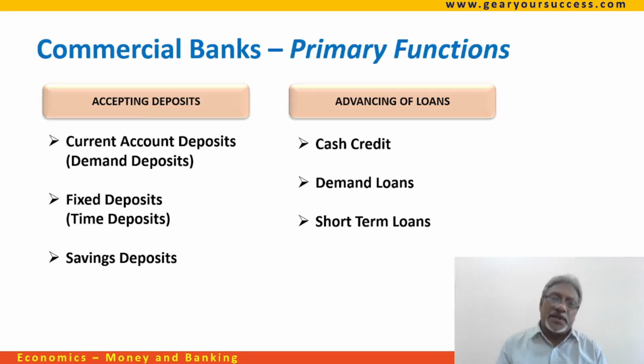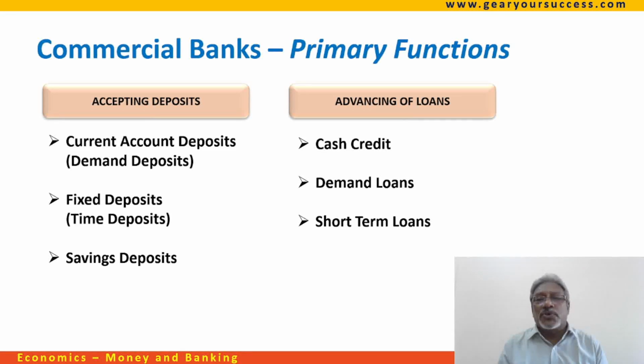They are also called savings deposits. The interest rate that commercial banks offer for savings deposits is much lower compared to time deposits, because with time deposits you take the money only at the end of the period. With savings deposits, you may withdraw the money whenever you are in need of it.